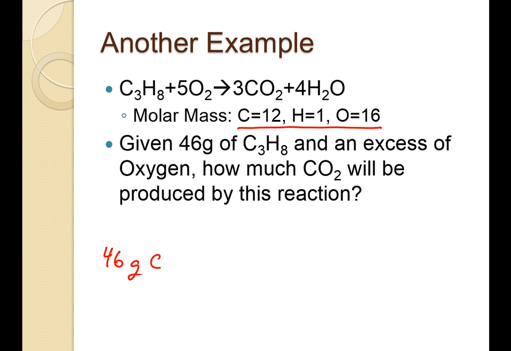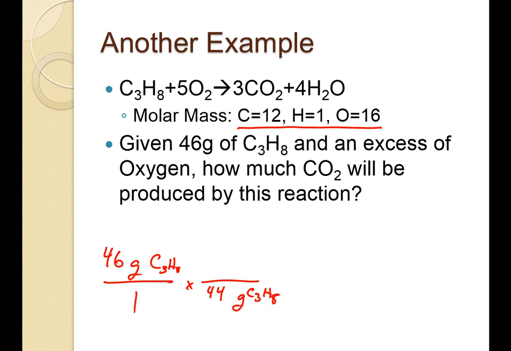grams of C3H8, put my first number over 1. I know I have to have grams of C3H8 on the bottom. And so C3H8 is going to be a total of 44 grams per mole.